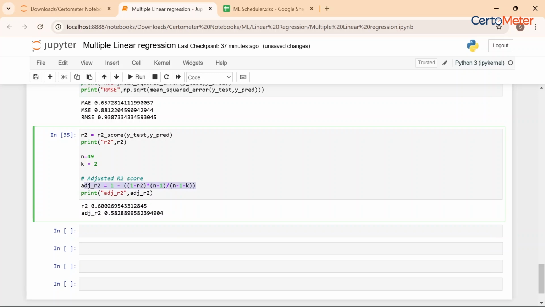So if I calculate using this formula, my adjusted r square value will be less than my r square value. The formula is designed such that if you include any variables which are not very correlated, your adjusted r square will fall. And that is why your adjusted r square value will always be less than r square value.